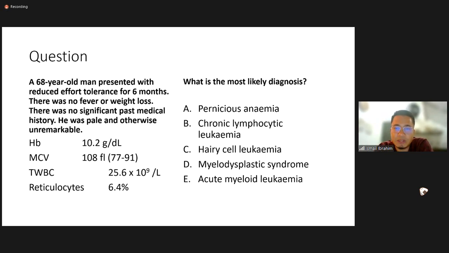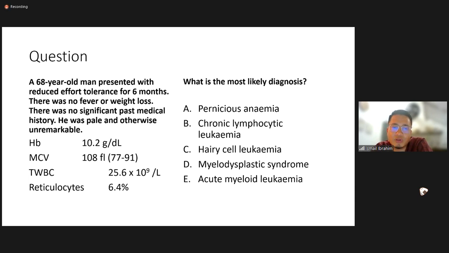I'm probably not going to explain how to answer this question, but just to highlight that chronic lymphocytic leukemia is a chronic disease involving the lymphoid cell, and it can manifest on its own as CLL, causing high white cell count.